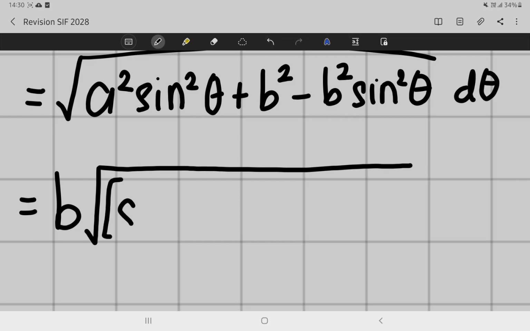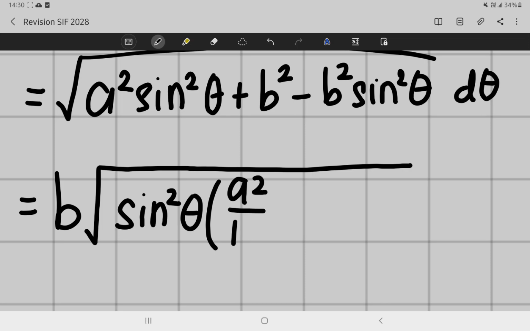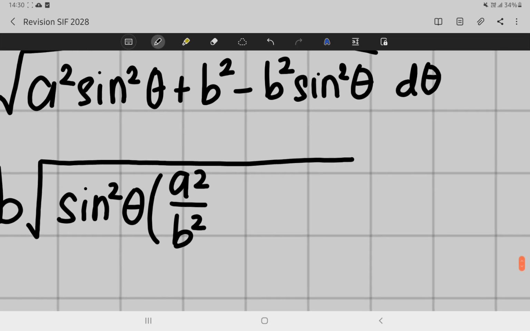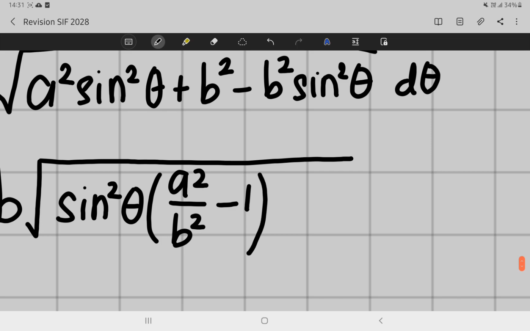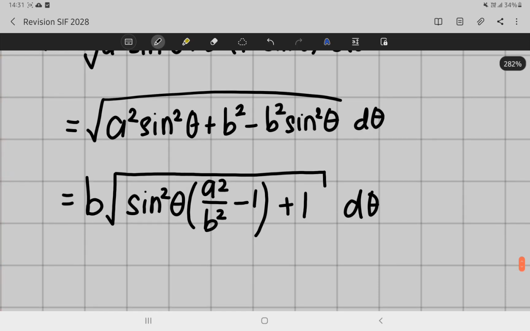We factorize sine squared theta, becoming a squared over b squared minus 1, plus 1, d theta. Let me check back. Okay, a squared. Yep.